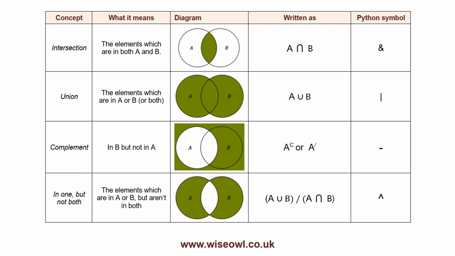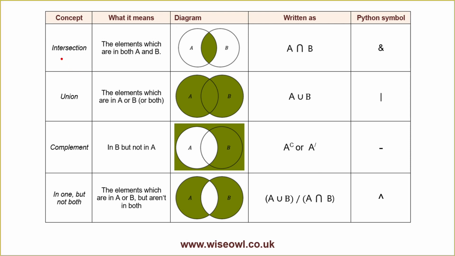So the main concepts in set theory, or main two concepts in set theory, are intersection and union. So the intersection of two sets is the thing they have in common. And that's written in mathematics as A intersection B, and in Python as A ampersand B. It's that simple. The other key concept is the union.